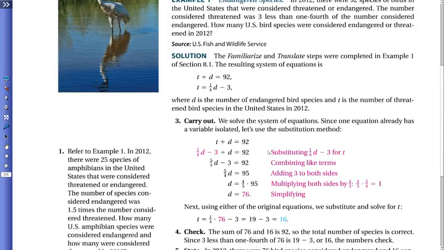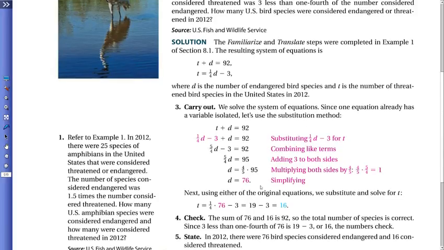Now, I'm not going to talk about this a lot as we go on, but why do we do this? We want to create an equation with one variable so I can get a value for that variable, and then I can substitute back into one of the equations an actual number and find out what the other variable is equal to. So in this case, I'm going to apply the substitution strategy twice.